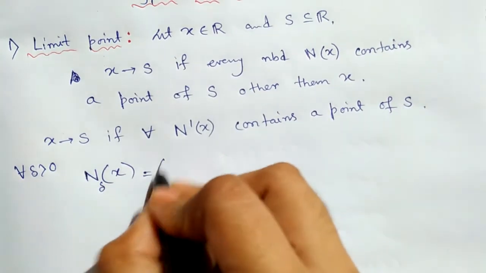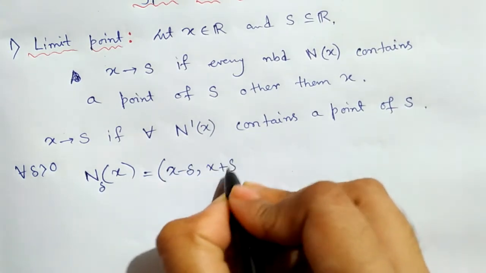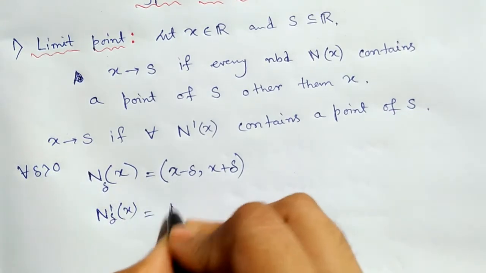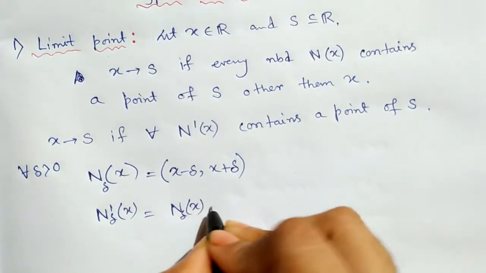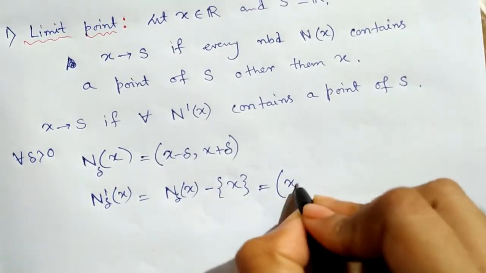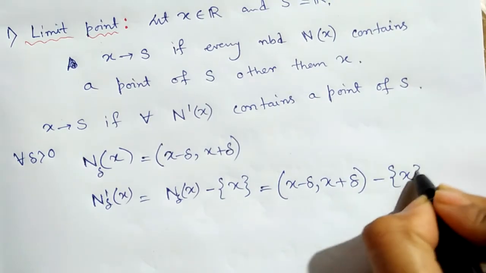So for delta greater than 0, N(x, delta) is nothing but the open interval (x minus delta, x plus delta), and N dash (x, delta) means N(x, delta) minus the singleton x.